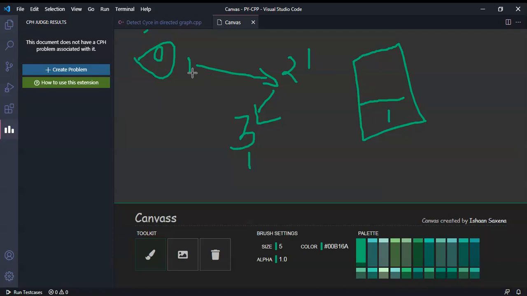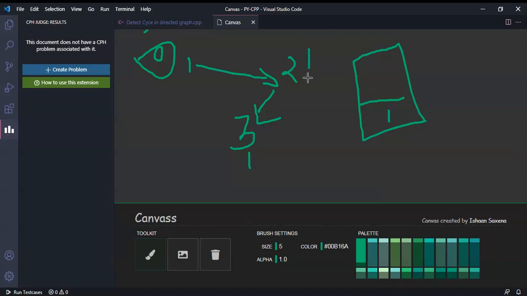So after 1 we will visit 2. Now we will check for 2. What is the in degree of 2? The in degree of 2 is 1, so we will decrement the in degree by 1.